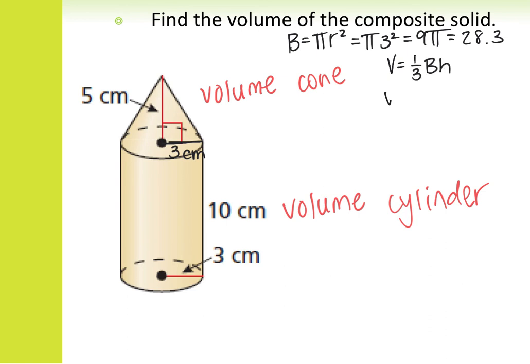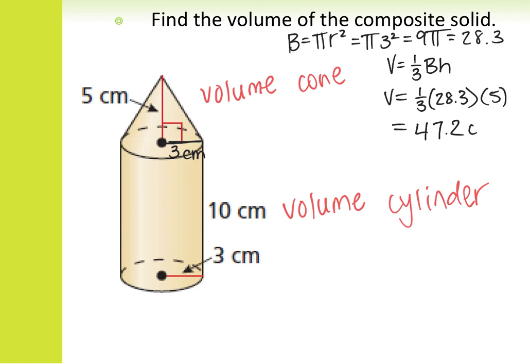So 28.3 times 5, and then you divide it by 3, and I got 47.2 centimeters cubed. Okay, I'm with you up to there.